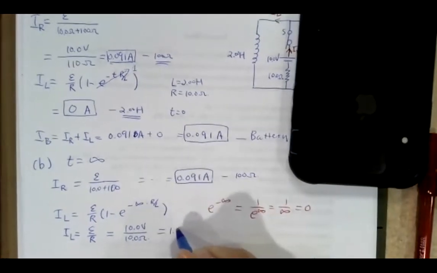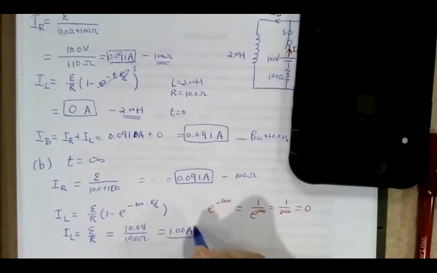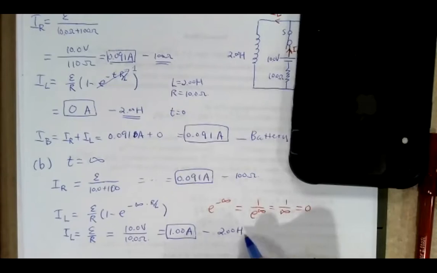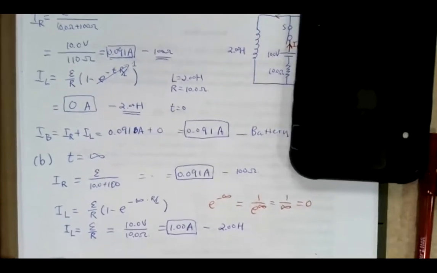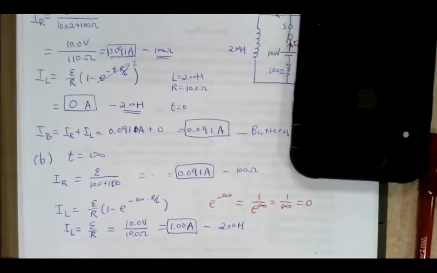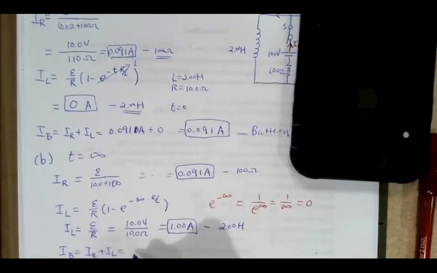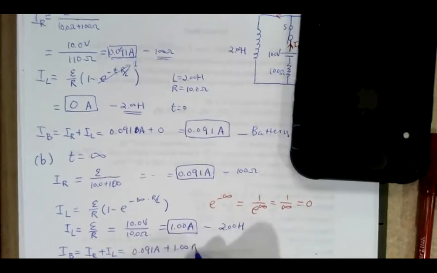That gives you 1 amp for the inductor, the 2.00 Henry inductor. Now, the current in the battery should be the addition of the two currents. So 0.091 amps plus 1.